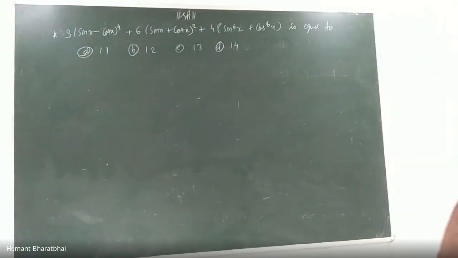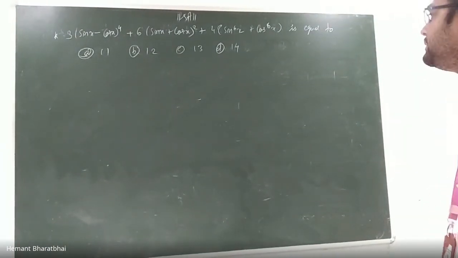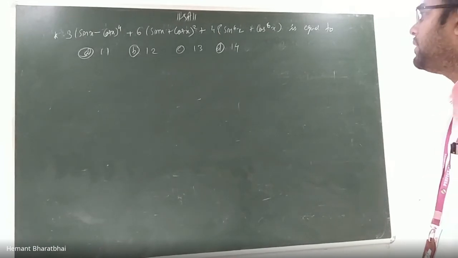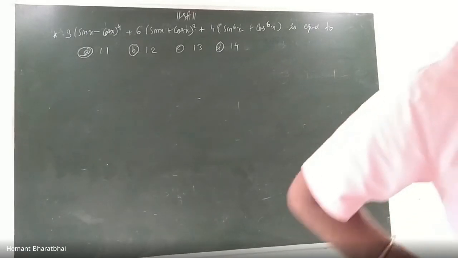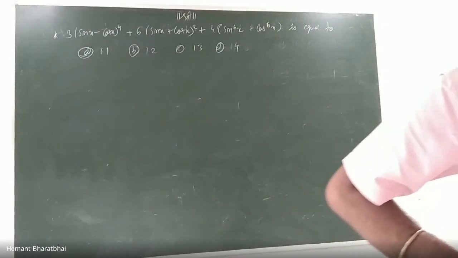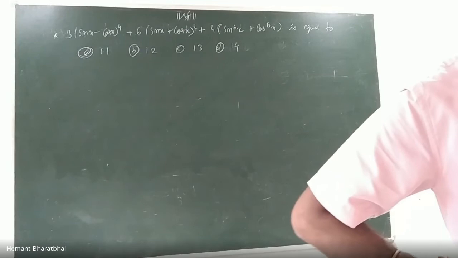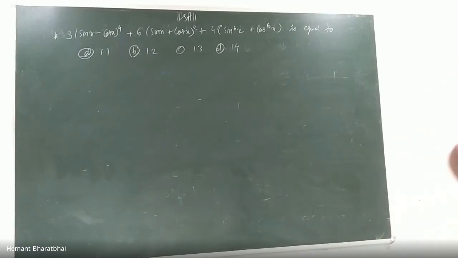So what is the value of this? 3 into sin x minus cos x the whole raised to 4 plus 6 into sin x plus cos x the whole square plus 4 into sin raised to 6x plus cos raised to 6x.